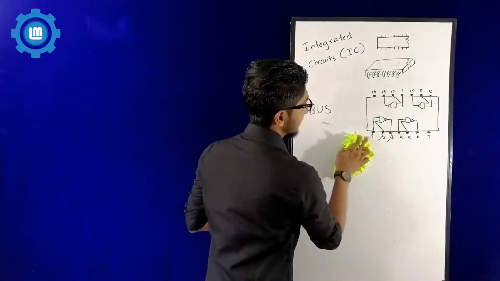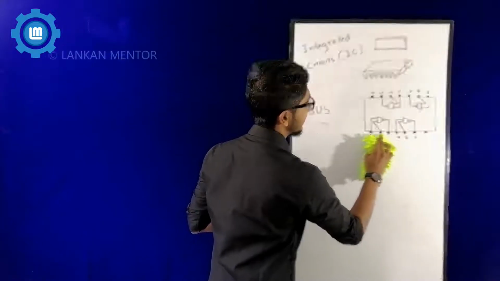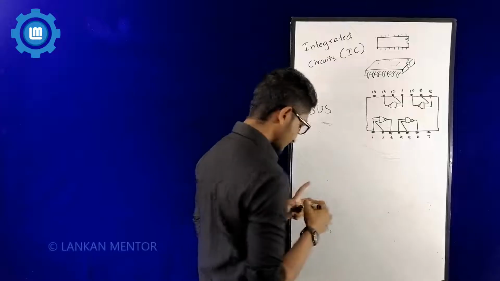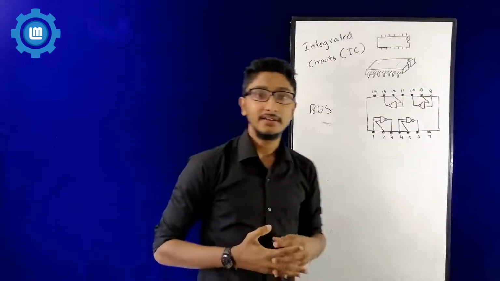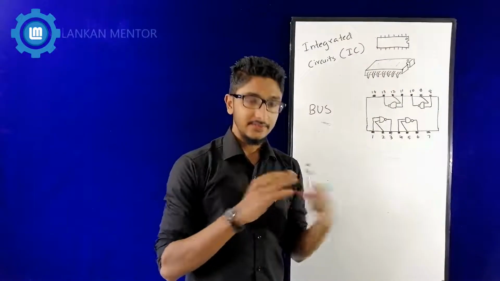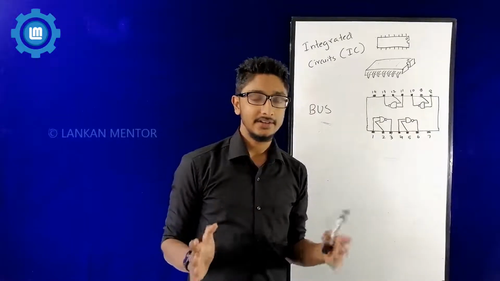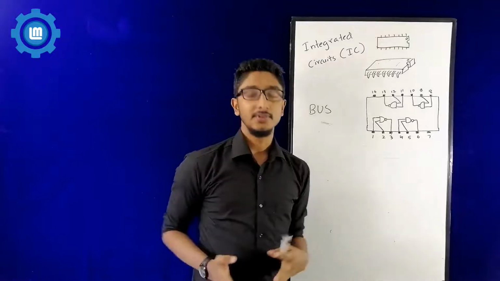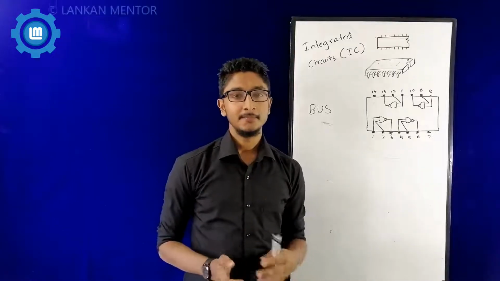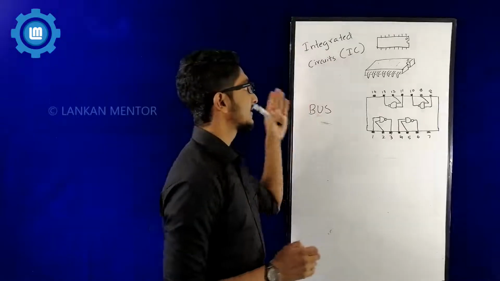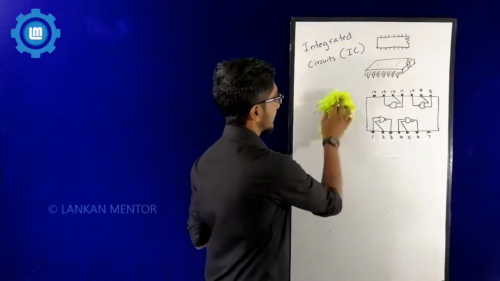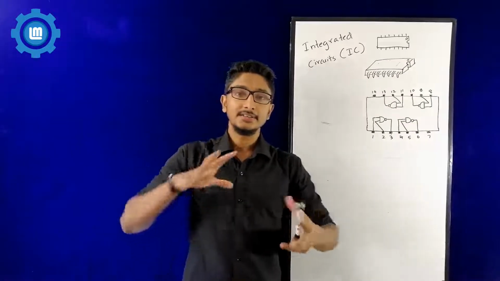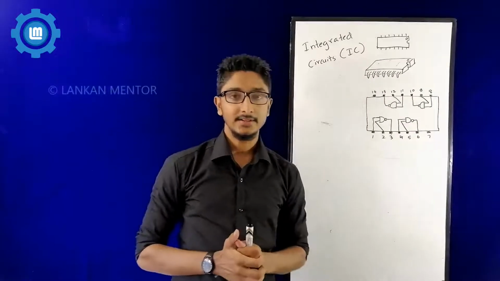Now ICs, as I told you earlier, are used in a lot of electronic equipment, even your television, refrigerator, washing machine, oven, computers, phones, anything. These ICs and combinational circuits are all used to construct the whole circuit.